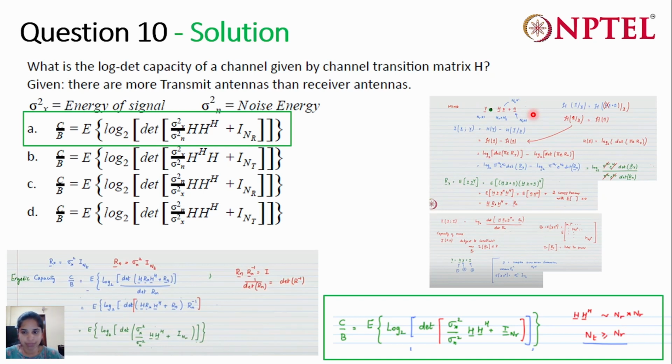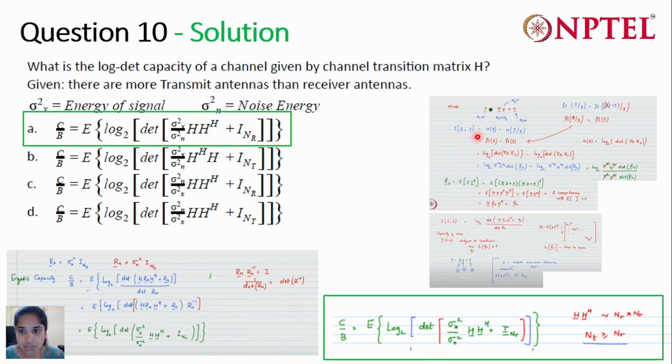I'll try to give a very brief explanation of the entire process, how it goes. Okay, so in a MIMO system, we have y equal to Hx plus n. Y is of dimension NR cross 1, H is of dimension NR cross NT, x is of dimension NT cross 1. So NT is the number of transmitting antennas, and NR is the number of receiving antennas. What we are finding here first is mutual information.